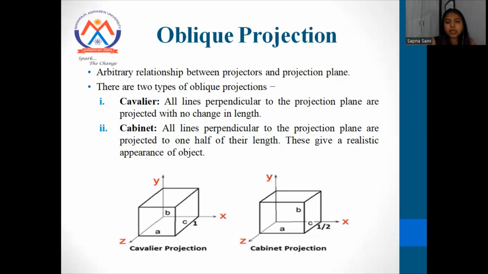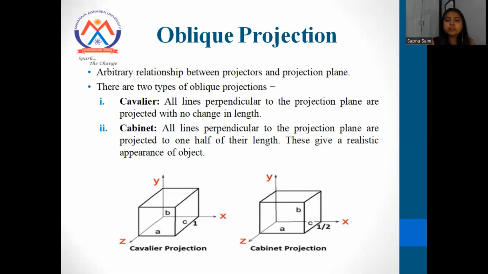But in cabinet, we can see that the length of the C side is half of the other sides. So the C side is half of the length. That means it looks like a cabinet, that's why the name.